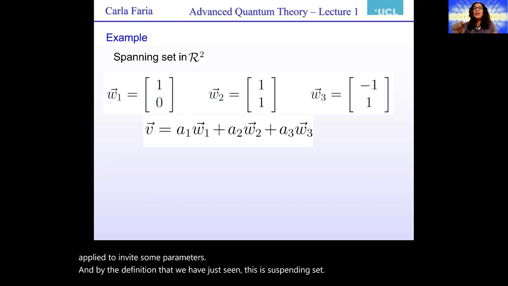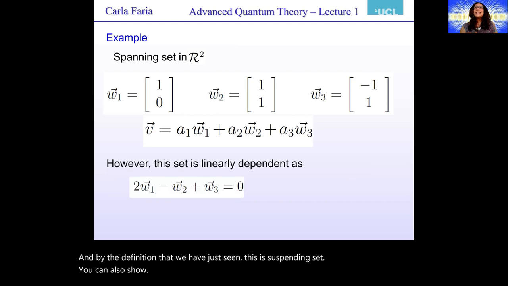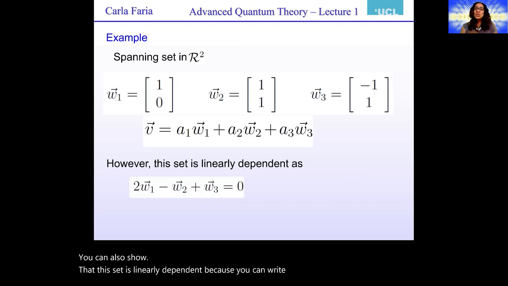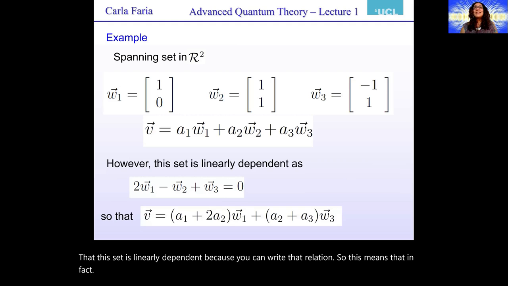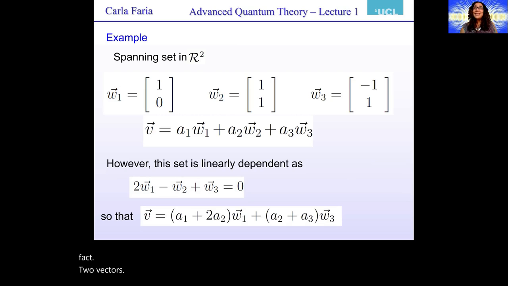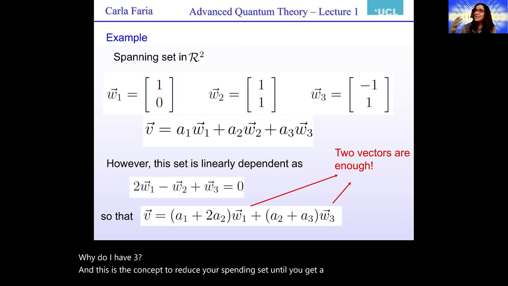However, you can also show that this set is linearly dependent because you can write that relation. So this means that, in fact, 2 vectors would have been enough, right? So why do you have 3? And this is the concept. You reduce your spanning set until you get a linearly independent set.